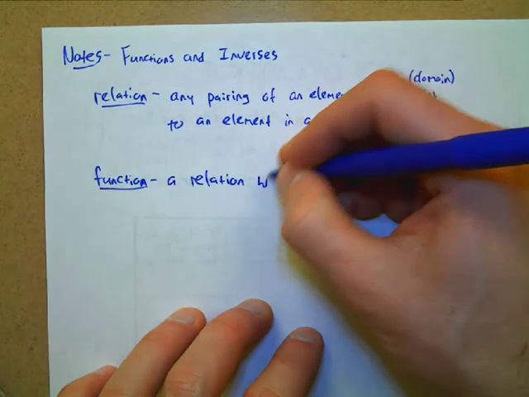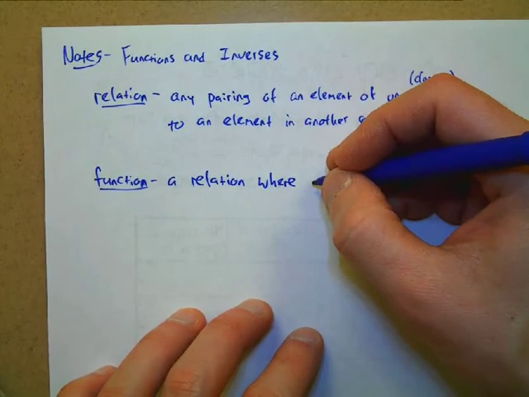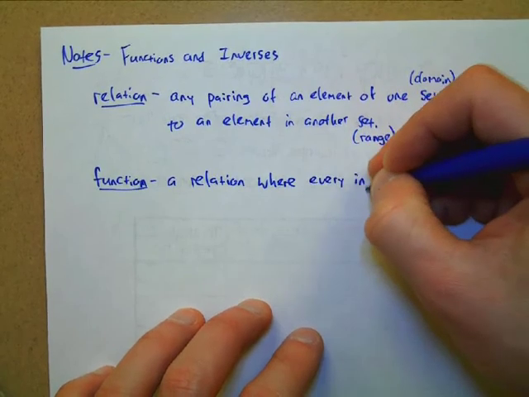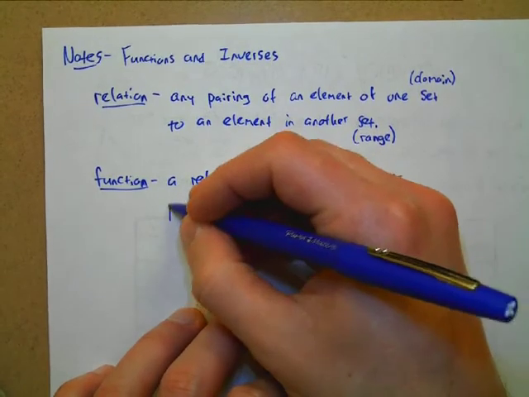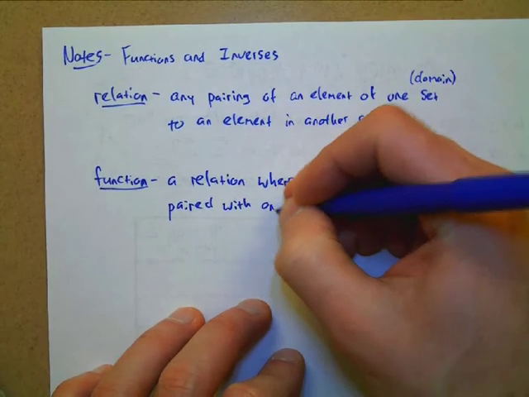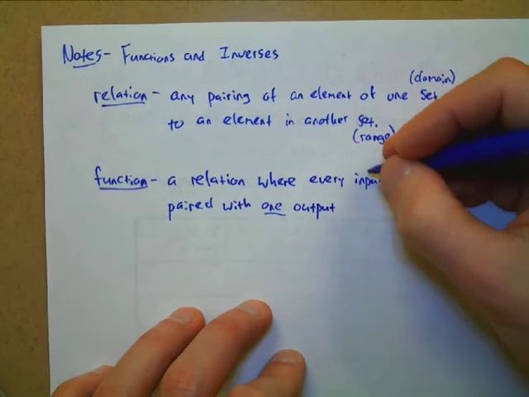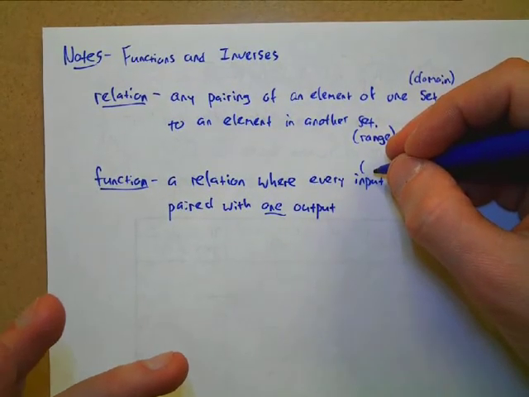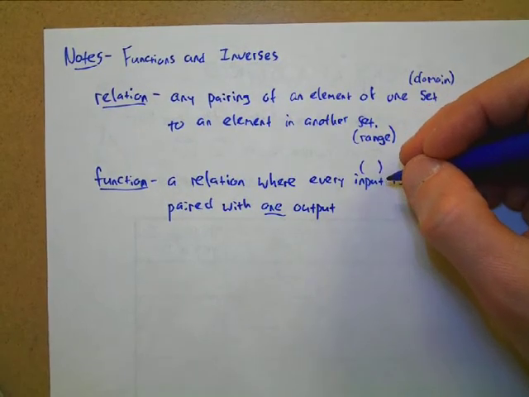where every input is paired with one output. For the input, what variable do we normally plug into the function?